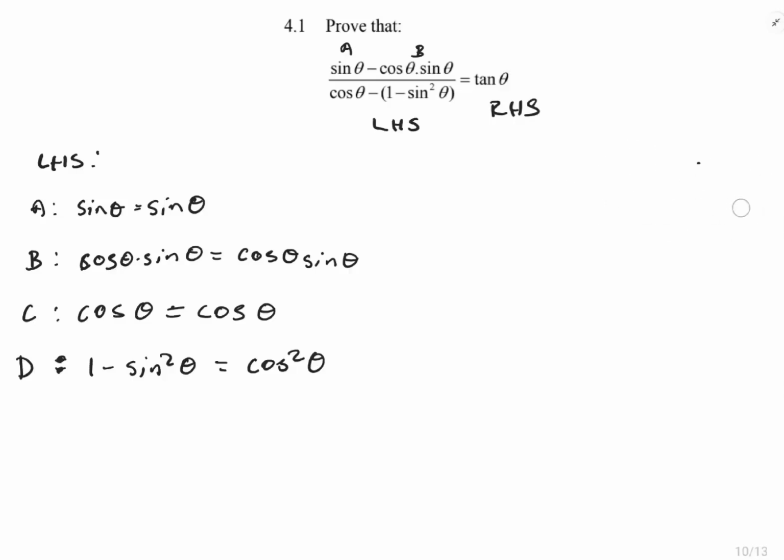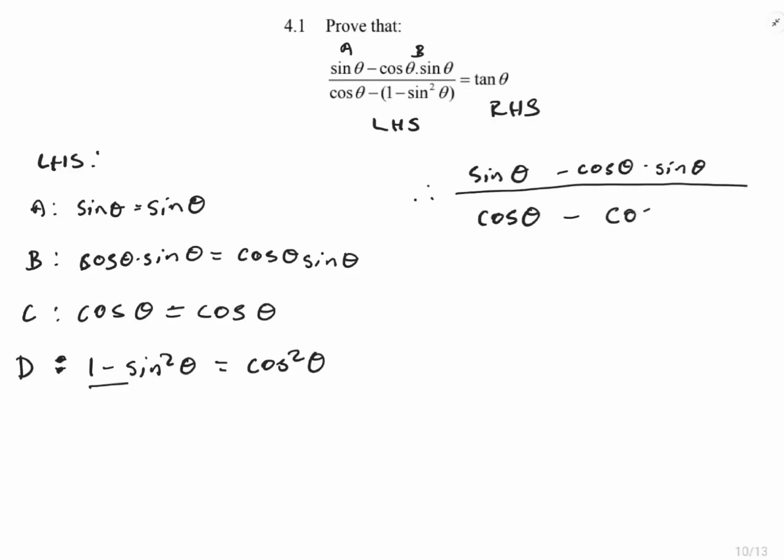So if we go back to our equation, we can substitute now. So sine theta, we said we're going to leave it like that. Sine theta minus cos theta multiplied by sine theta. Then cos theta, we're going to have cos theta minus 1 minus sine squared theta is equal to cos squared, right?